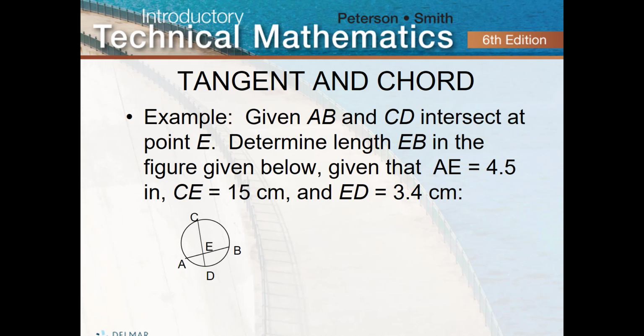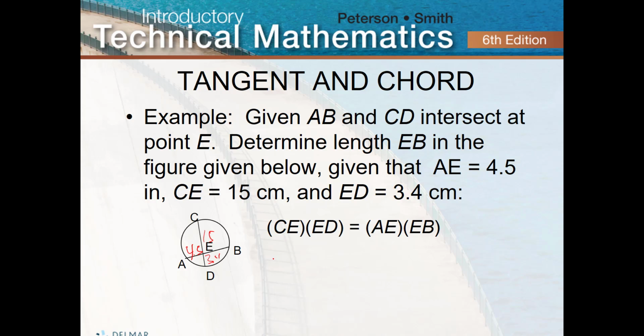All right. So here's another thing based off those postulates. It says determine the length of EB in the figure given below. Given that AE is 4.5, CE is 15, and then ED is 3.4. So this is actually a pretty simple setup. You're going to put CE and ED multiplied together, and then you're going to put A and EB.